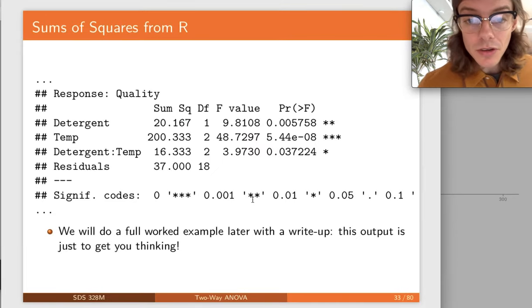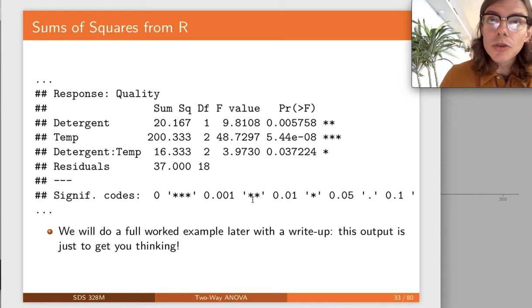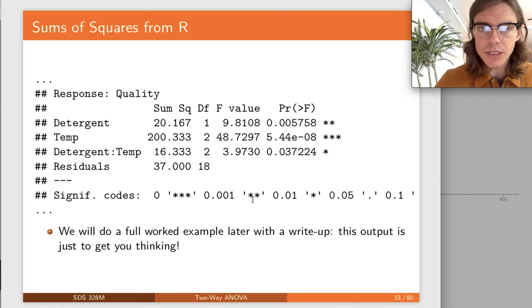If we were to run this ANOVA, and again, we won't go through a full write-up for this one, I just want to illustrate where these sums of squares come from. If you run this ANOVA in R, you get the sum of squares for the effect of detergent and for the effect of temperature.